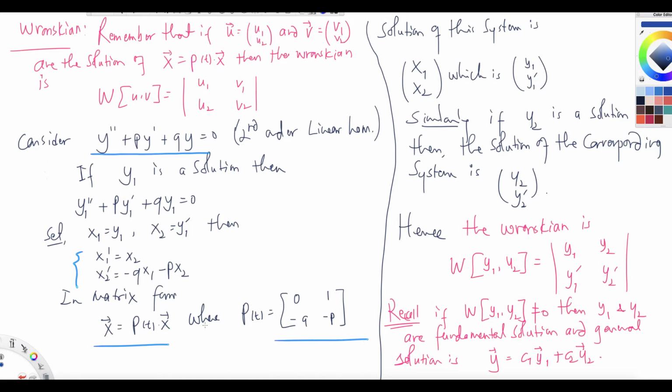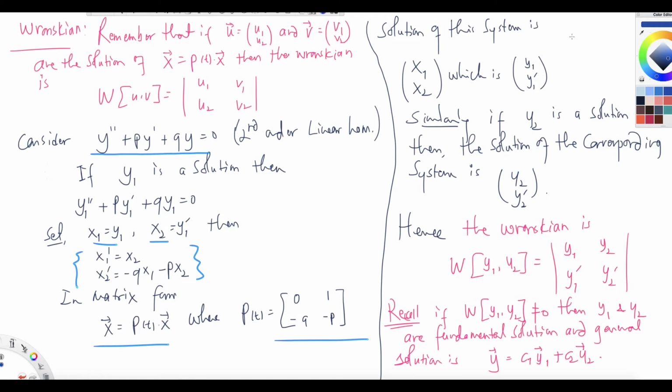Now, how would the solution of this system look? It will look like (x1, x2), because the solution of the first equation is x1 and of the second is x2. But x1 is y1 and x2 is y1'. So the solution (x1, x2) will be (y1, y1'). This is the same as the solution of the second order linear homogeneous equation.